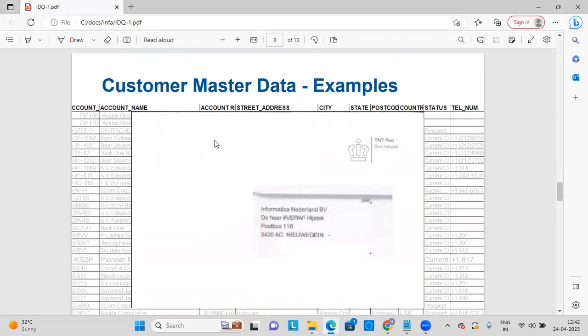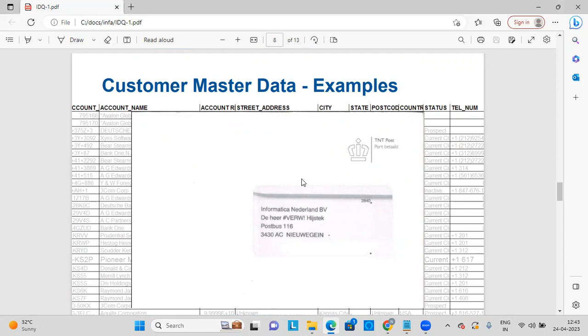Now we can see some example. Can you see here? This is sample data for customer, where you can see account number, name, street, address, state, city, whatever, right? And some columns where there is no data, unused columns.